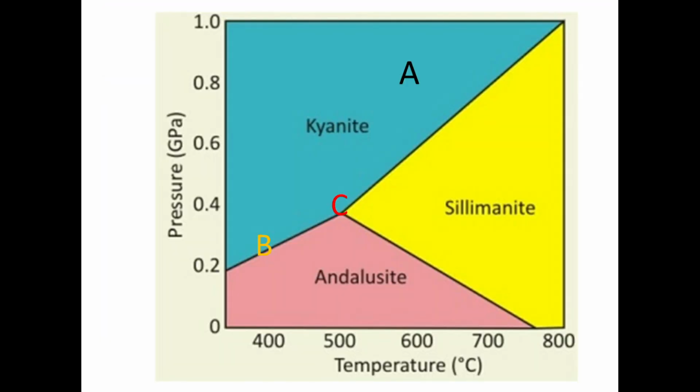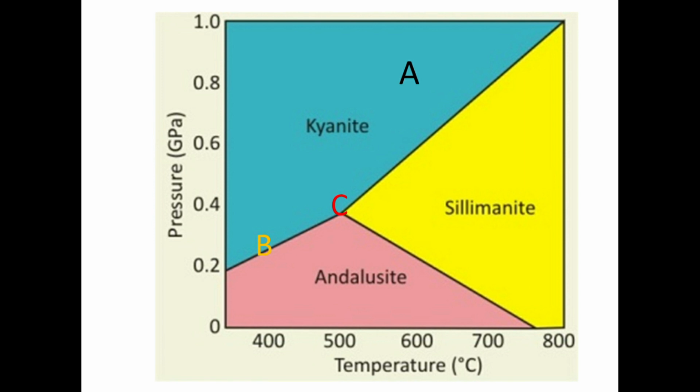Let's take the example of the Al2SiO5 polymorphic system. Here we have three polymorphs: andalusite, kyanite and sillimanite. Now see, if we consider the line between kyanite and andalusite, on that line both kyanite and andalusite coexist.